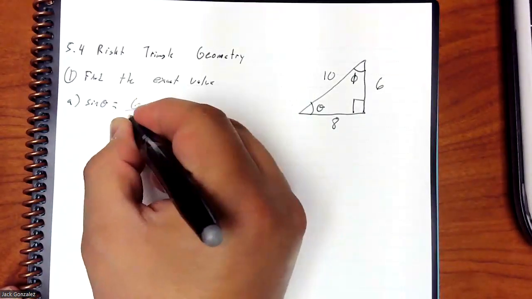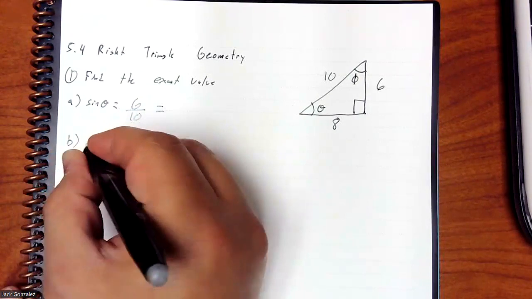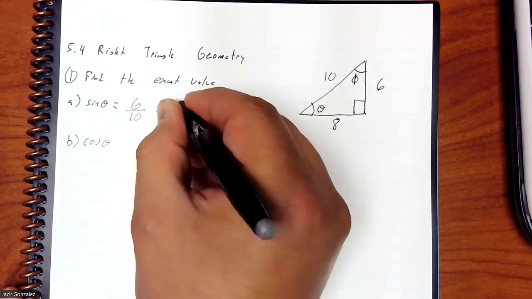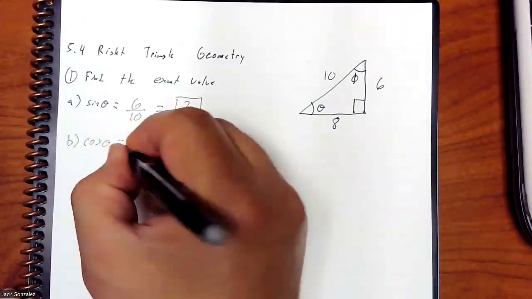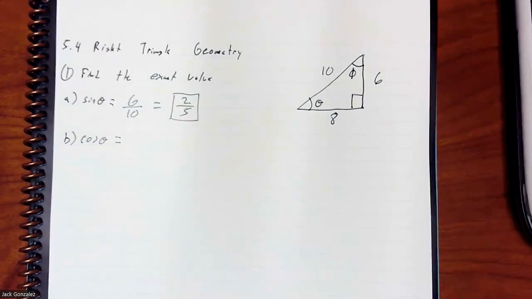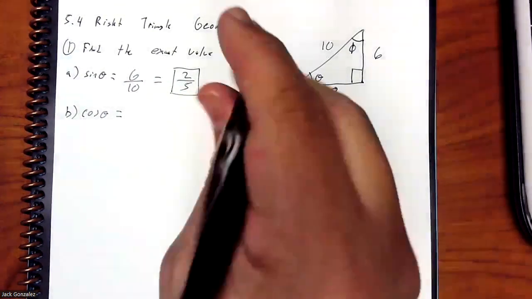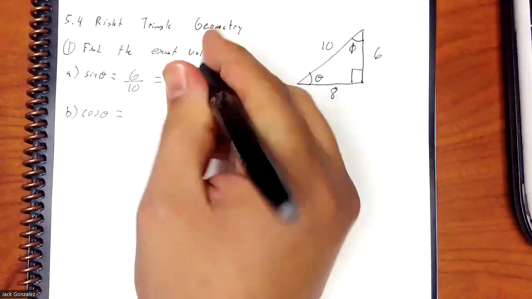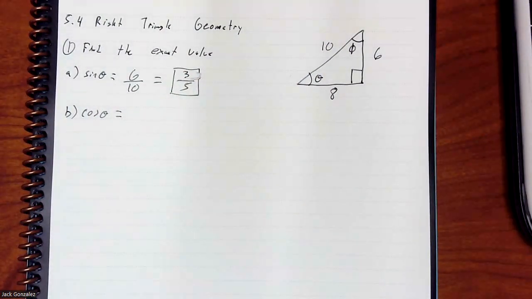Yeah, 6/10, which reduces to 3/5. Here's my answer. Okay. What is cosine? 4/5.